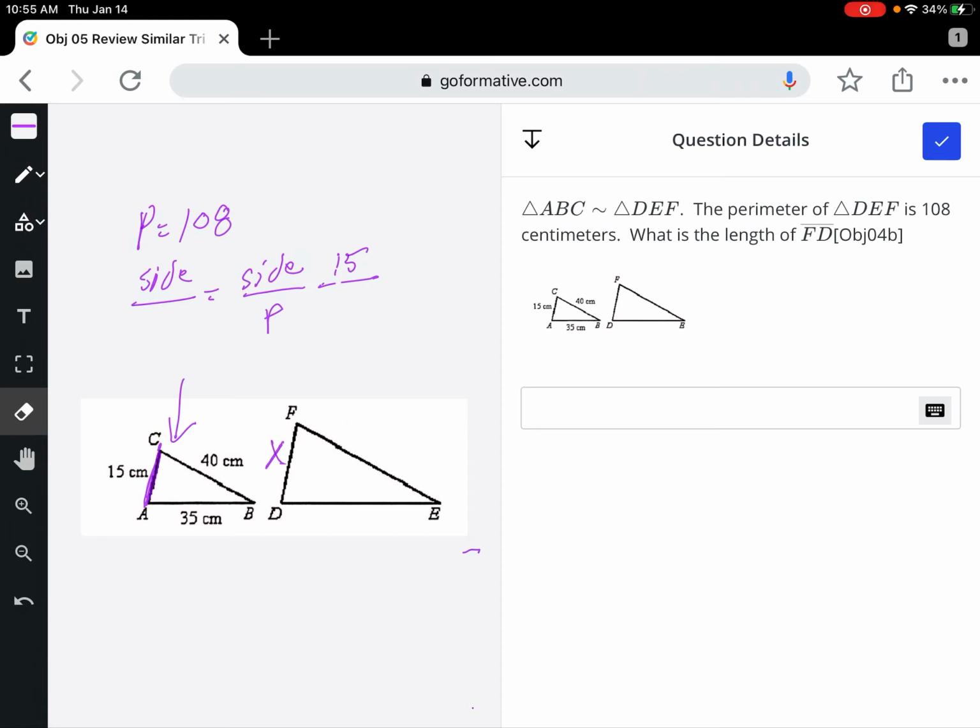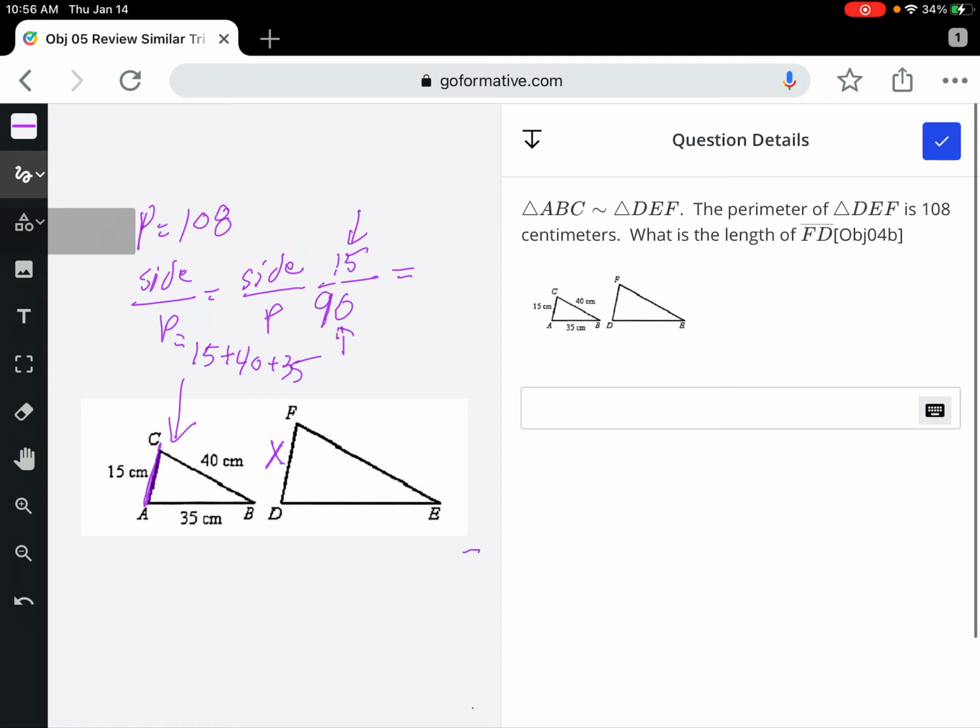The perimeter of my smaller triangle is equal to 15 plus 40 plus 35, which is 90. So it's going to be 15 over 90. So side of the small over perimeter of the small equals, we're looking for the side of the larger, which is FD, I'm using x, over the perimeter of the larger, which is 108.